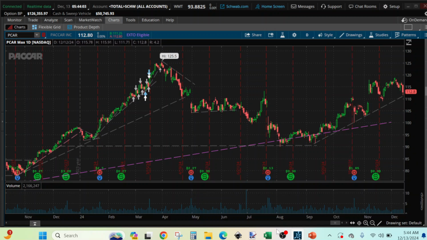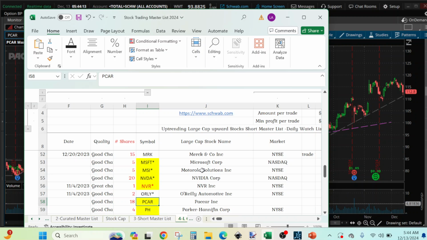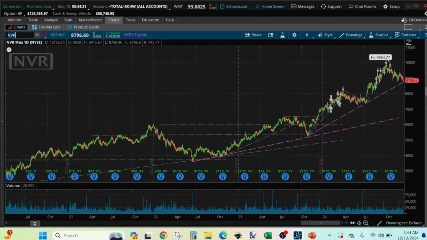So that's something we need to consider, and decide to just hold on to what we purchased and wait for that to become profitable before we sell it and get out of it. So that's something I had to consider. Let's take NVR for instance. NVR. So NVR, we bought it there.